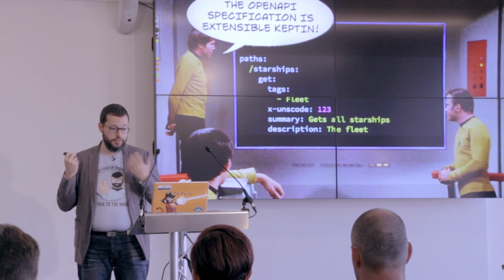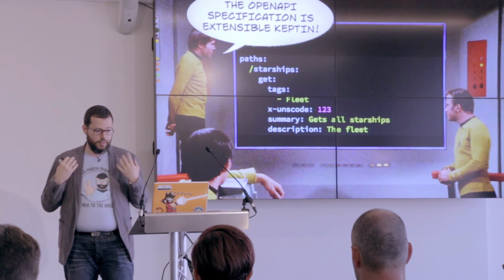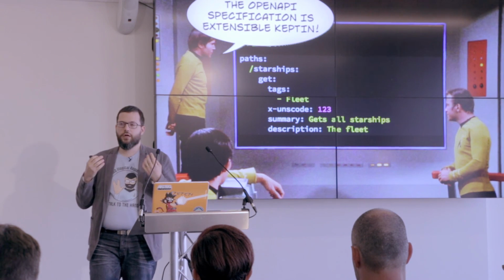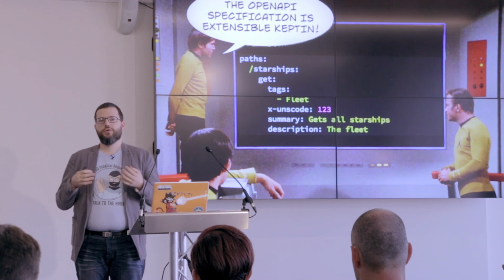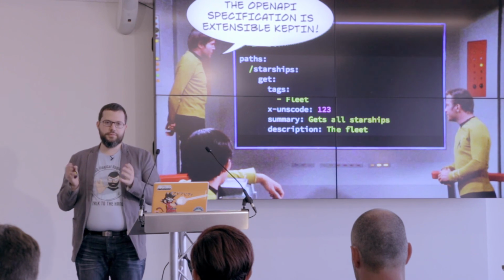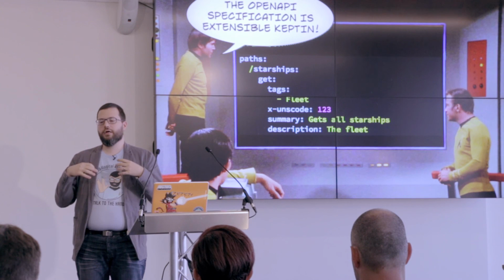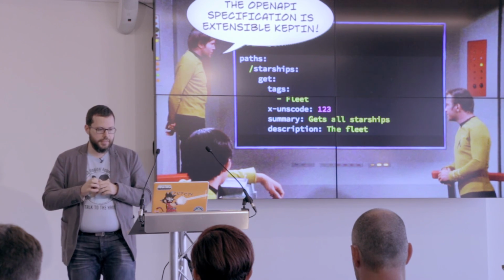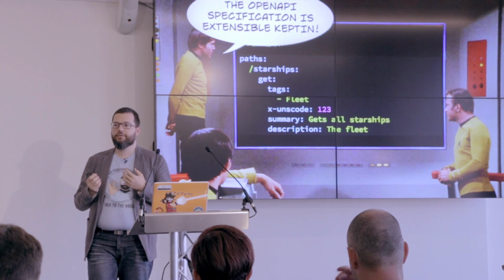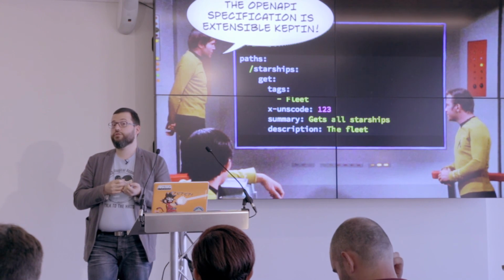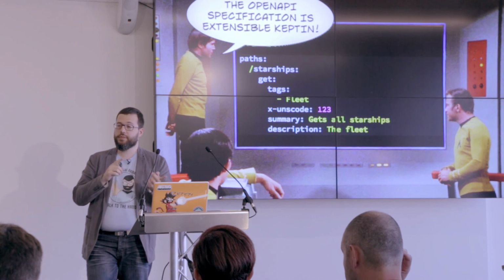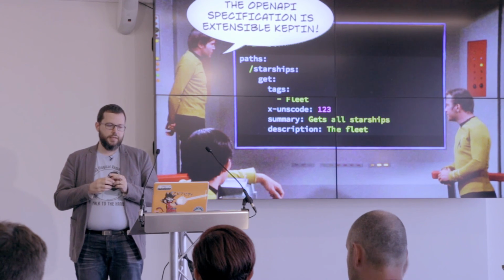For example, at AXA Banque, we have created our own ones. One of them allows us to handle properties that have a defined set of values. And all these values are defined in a central dictionary. We wanted to have these values in our documentation, and we wanted to avoid people having to copy-paste them.